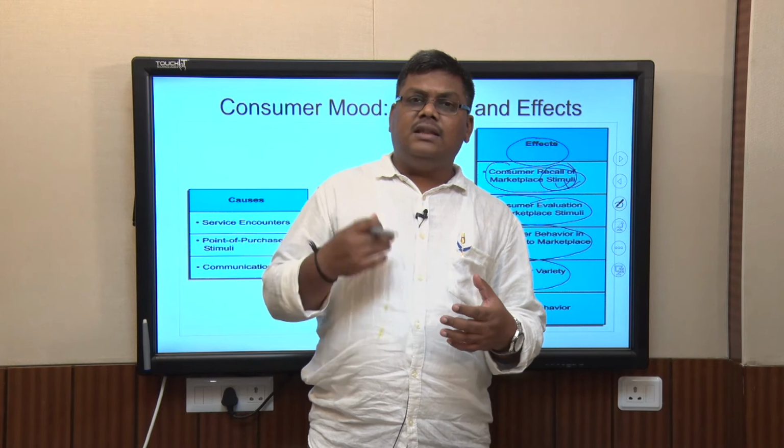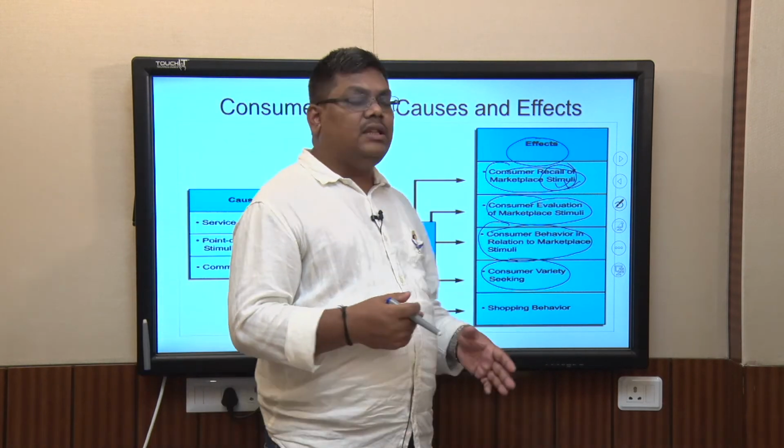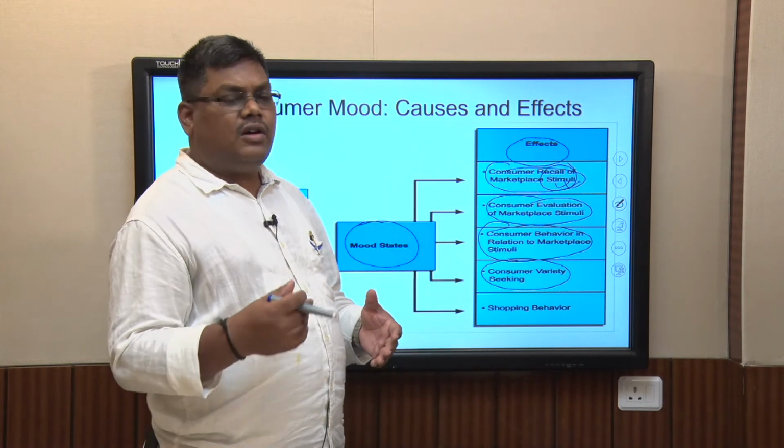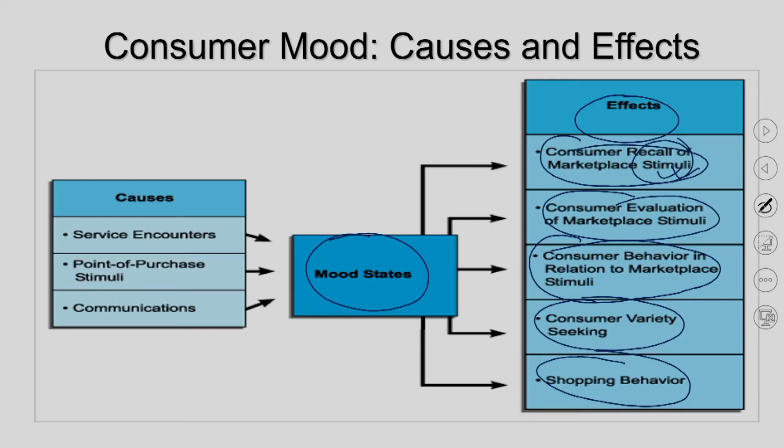Also within the consumer, the more positive he feels, the more he will think about searching for variety. And shopping behavior: the better the mood, the higher the shopping. Simple relation: the more positive the mood, the higher the shopping; the more negative the mood, the lesser the shopping. So, these are the effects positive or negative mood has on consumer behavior.